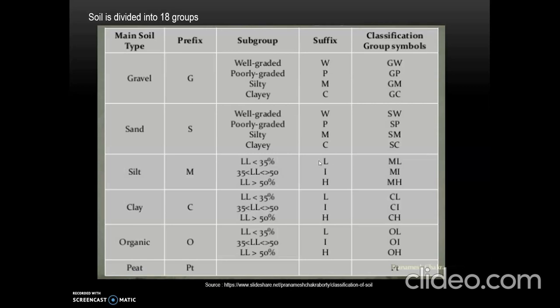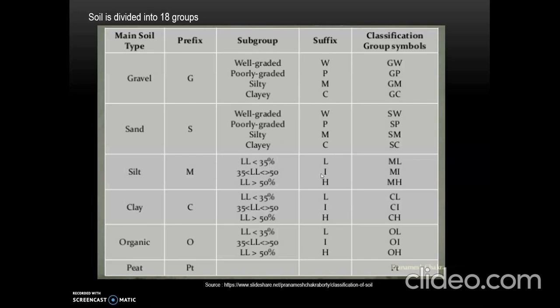Suffix L is used if liquid limit is less than 35%. In the previous classification system, that is the USCS classification system, we had seen that the L suffix is used if the liquid limit is less than 50%. And here we have to note a change in the Indian Standard Classification System, that is L is the suffix which is used if liquid limit is less than 35%.